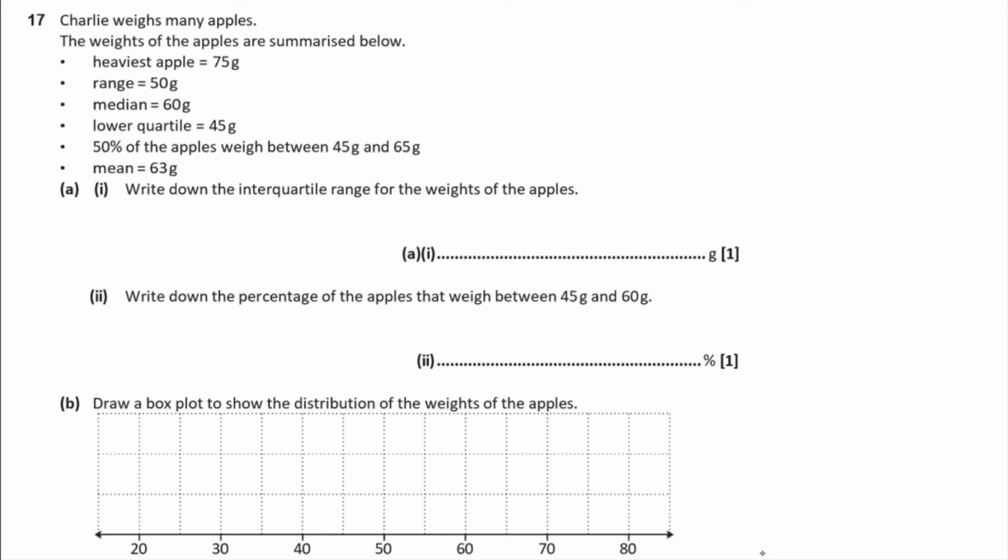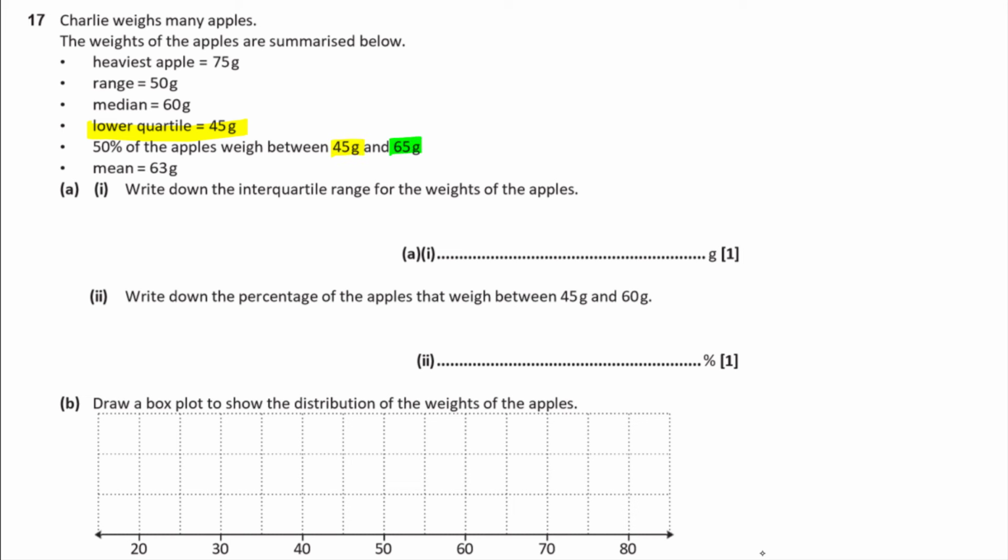Right, so the interquartile range is the difference between the lower quartile and the upper quartile, and it represents the middle half of the data. Now you can see that the lower quartile is given as 45. It doesn't specifically tell you the upper quartile, but it does say that 50% of the apples weigh between 45 and 65.